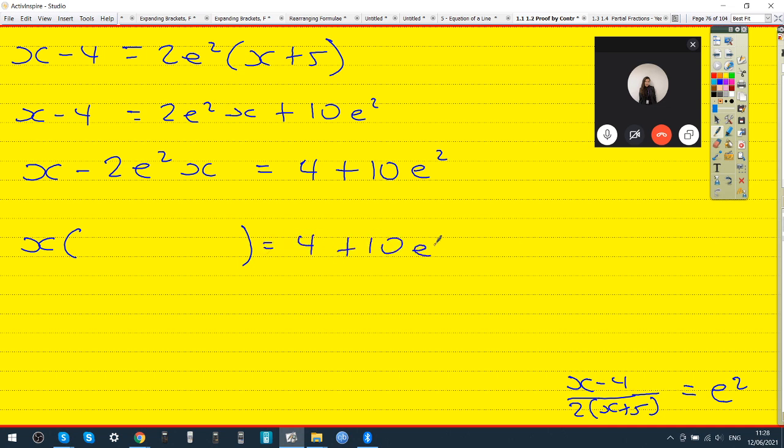So you get x and then 2e squared. X divided by, and then the other would just be plus 1. And so how do you make it x equals?